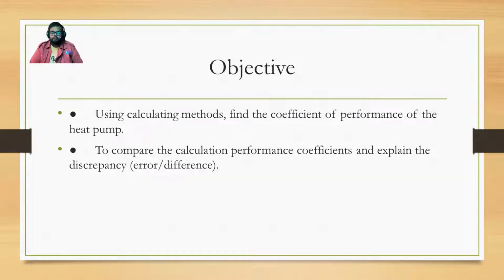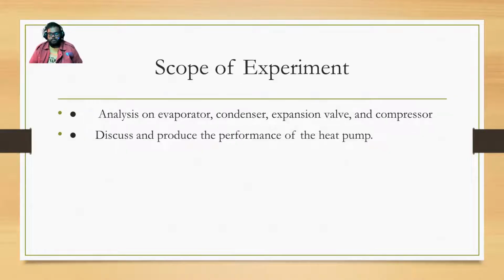Next, the main objective of this experiment is using calculative methods to find the coefficient of performance (COP) of the heat pumps. We also need to compare the performance of heat pumps between the calculative results and the experimental results, and explain the discrepancies, which are the errors and differences.